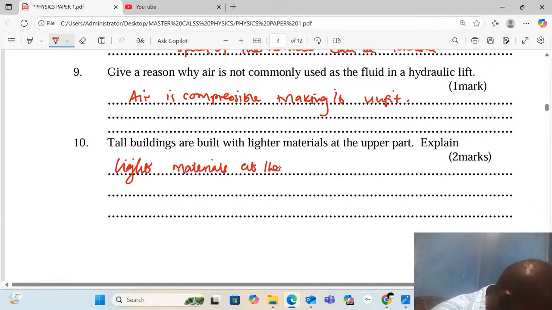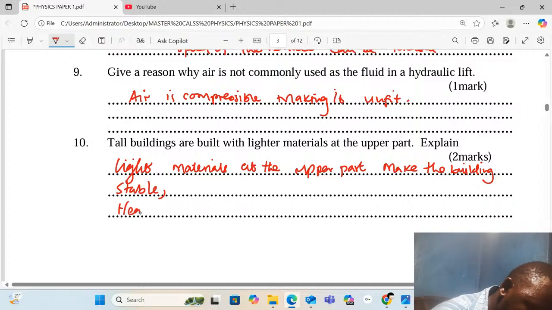So light materials at the upper parts make the building stable. How?